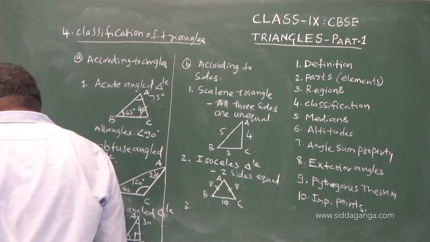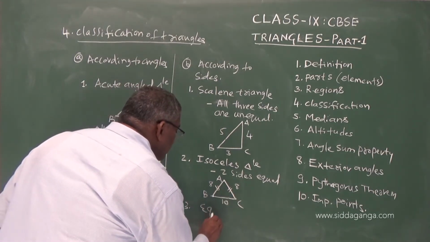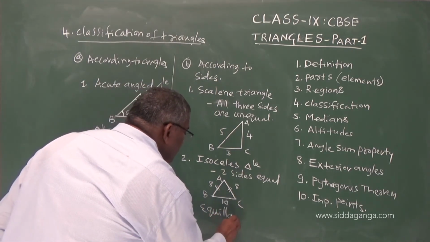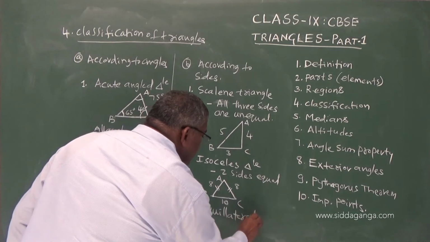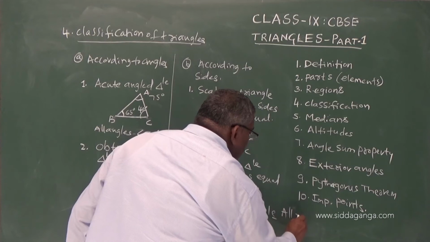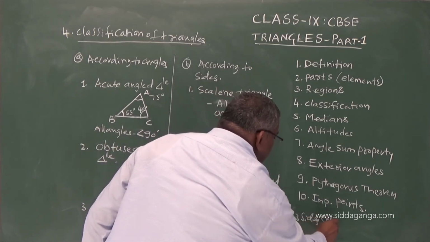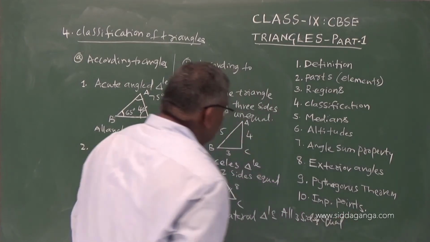And finally, we have equilateral triangle. So all three sides equal.